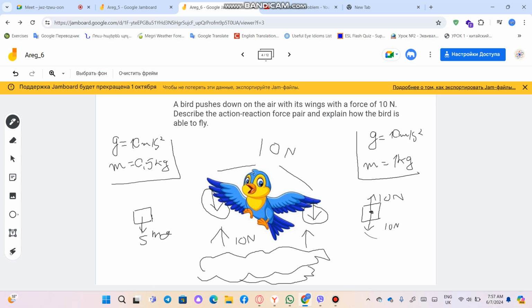Newtons, right? Okay, let's write newtons here. What about the upward force?